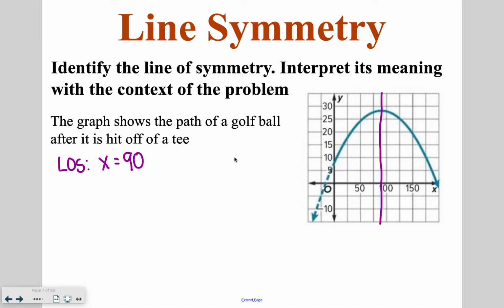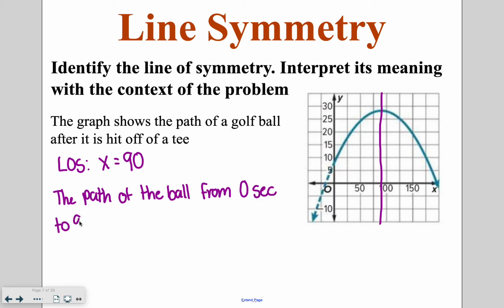And then I need to interpret the meaning. So what this means is that the path of the ball, since I want to be specific about what I am talking about in the context of this problem, from the start, which would be 0 seconds, to 90 seconds, matches the path of the ball.